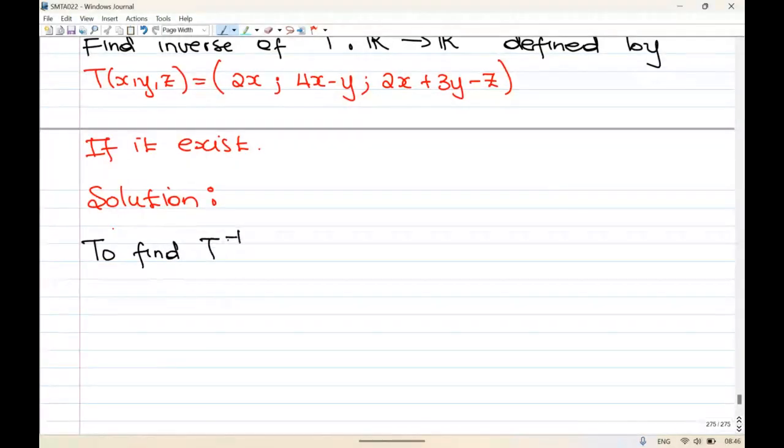So to find T inverse, to find the T inverse, give me a second.